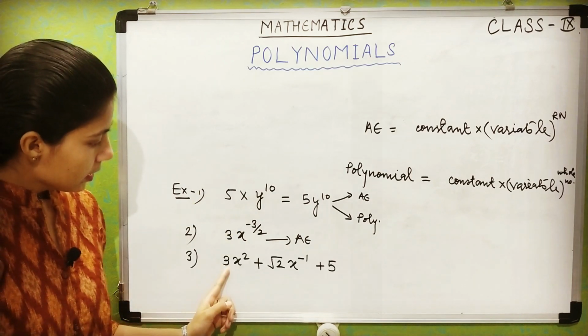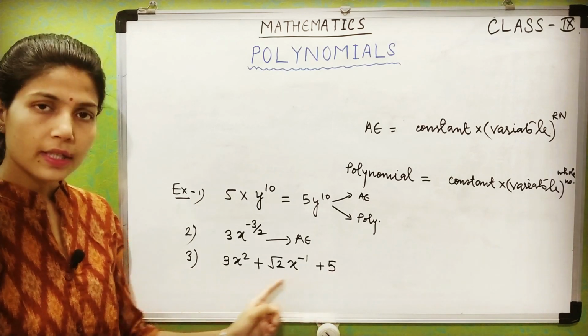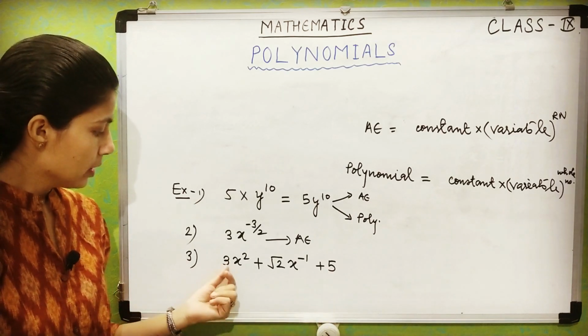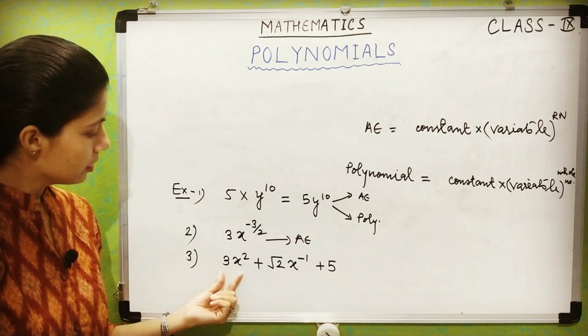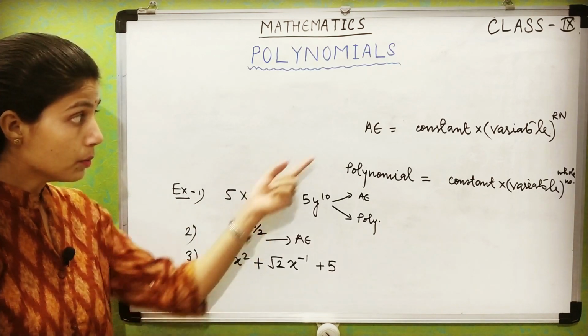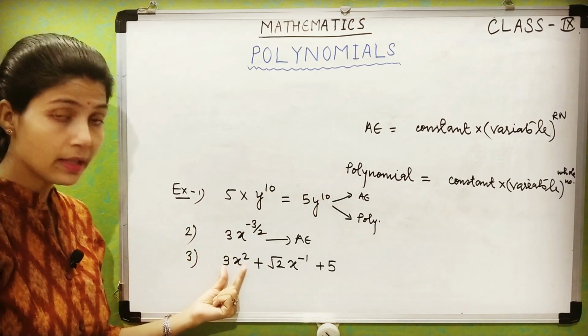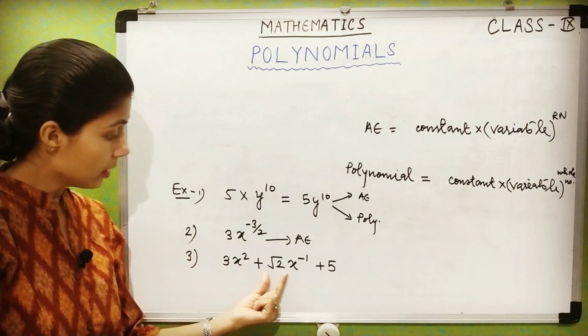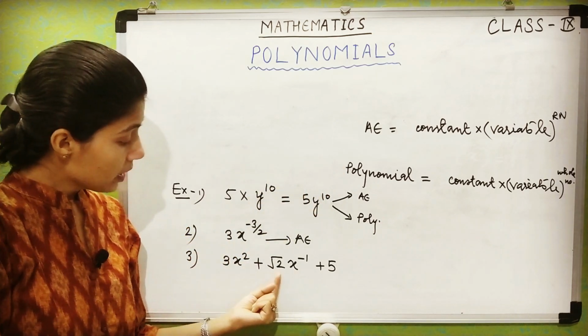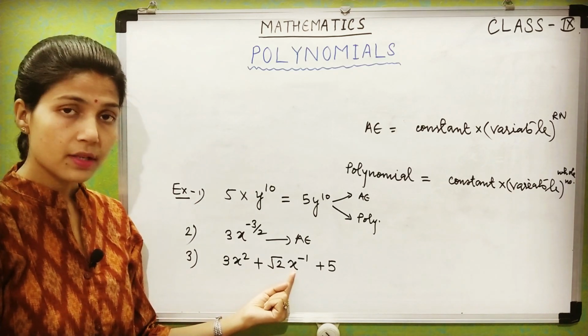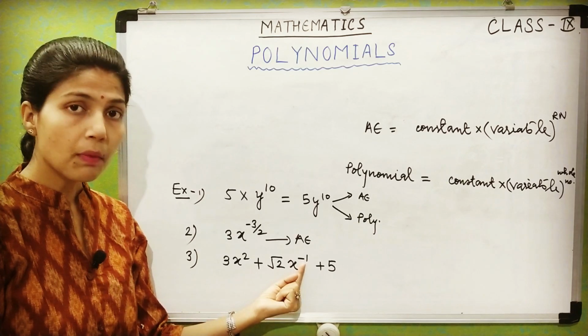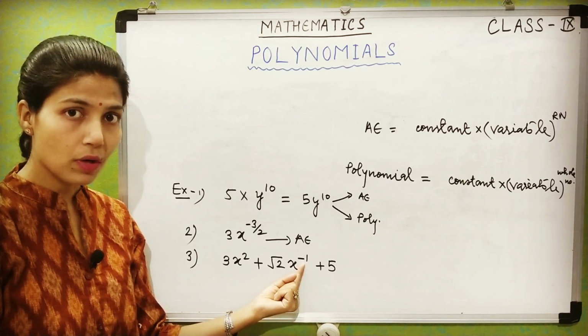Okay, there are 3 terms in this expression. Okay, one is 3x raised to power 2. So this is fulfilling both the definitions, means this is an algebraic expression. Now see, under root 2, that is a constant, x is a variable, but the power is here minus 1. That is not a whole number.